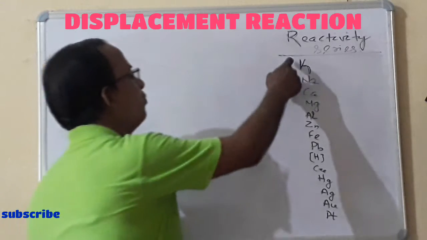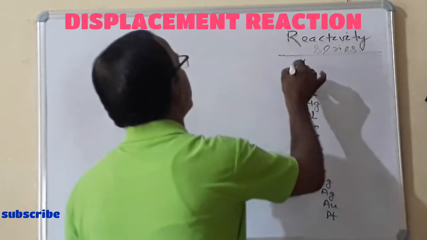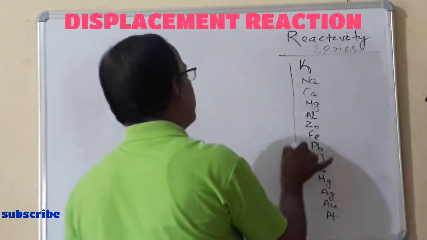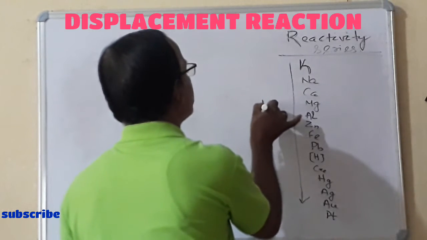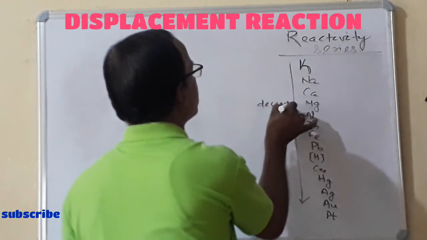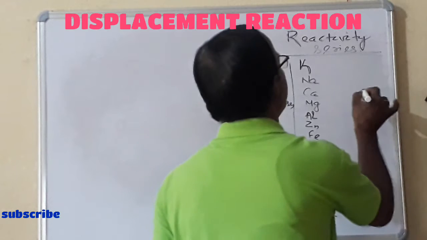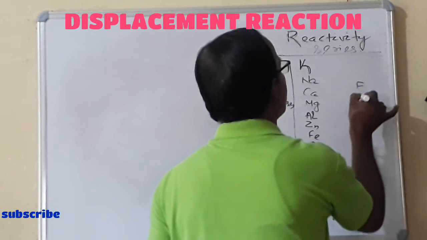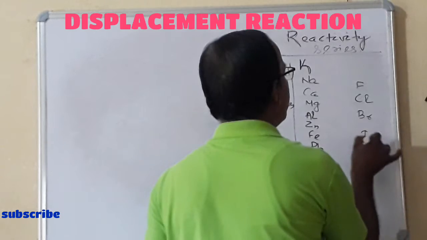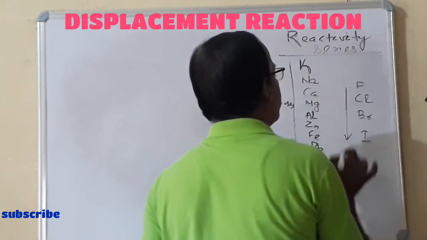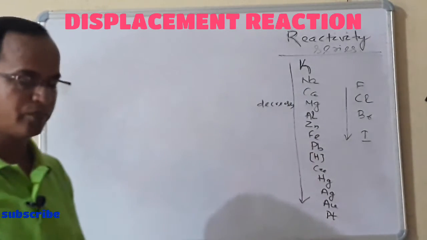The reactivity decreases down the series. Similarly, for fluorine, chlorine, bromine and iodine, the reactivity also decreases down the series.